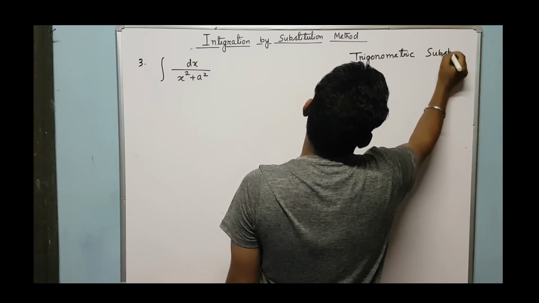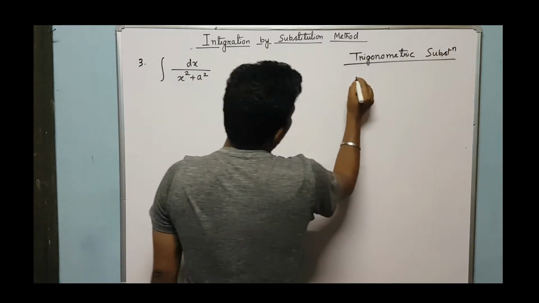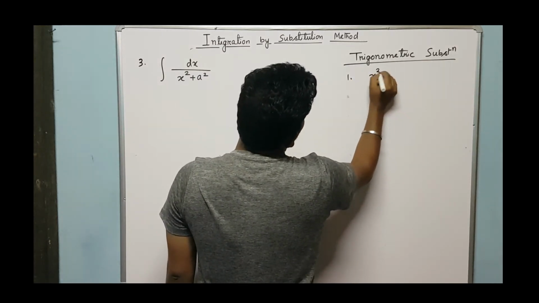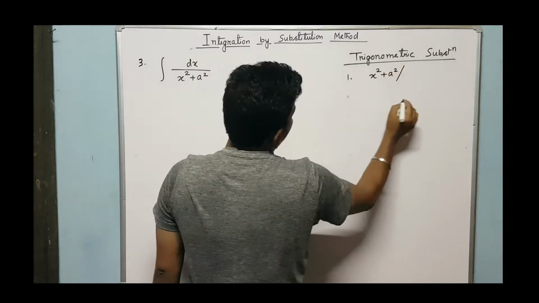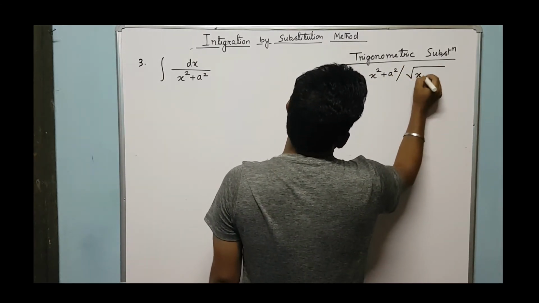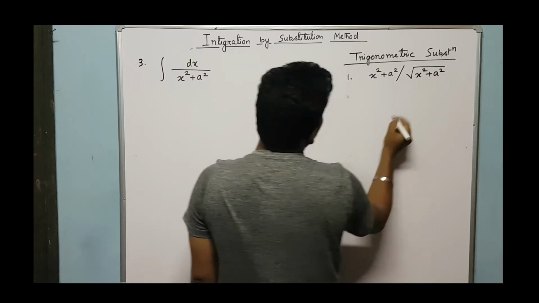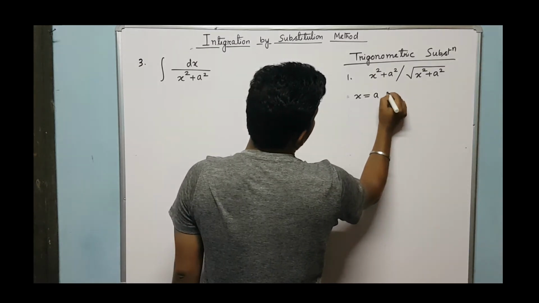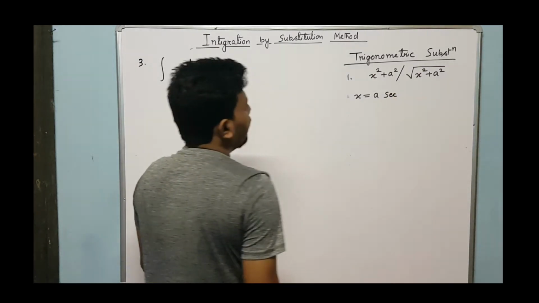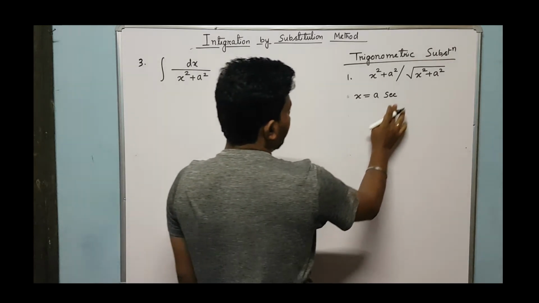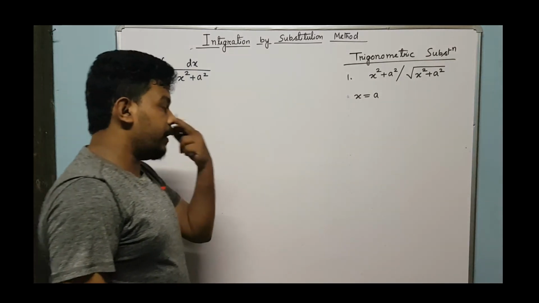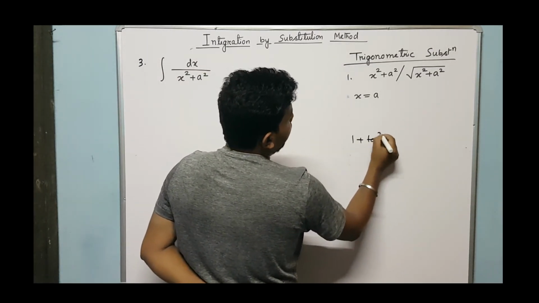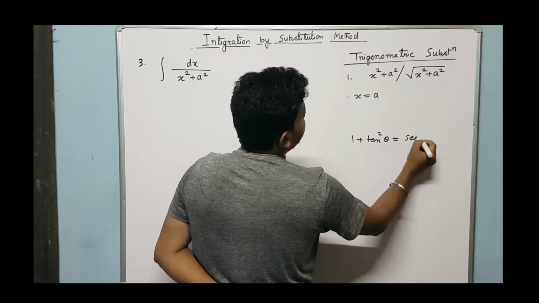Number 1, if you are given x square plus a square, or in the form of square root of x square plus a square, then we put x equal to a tan theta, because we know that 1 plus tan square theta is equal to sec square theta.